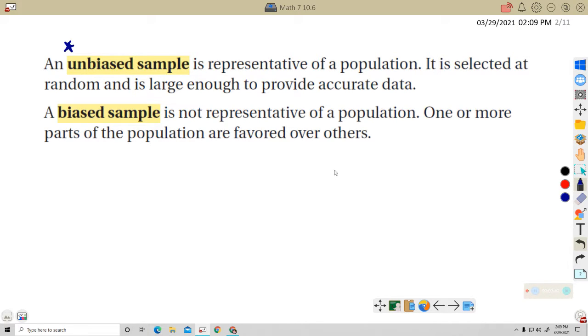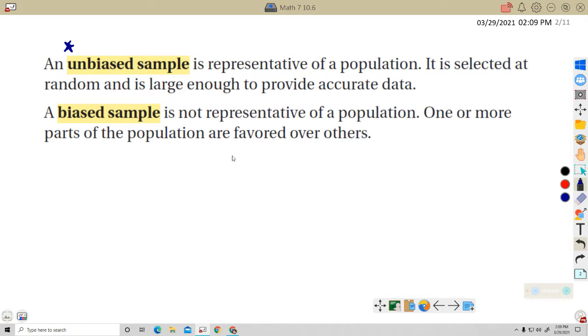So in my story, when we were picking parts to inspect from the boxes, we would pick them from different boxes. If they were stacked up in the boxes, we would take some from the top, some from the middle, some from the bottom. We would just open different boxes and take parts out randomly. A biased sample is not representative of a population.